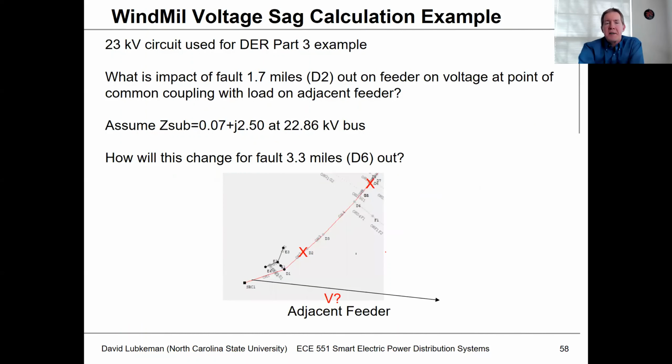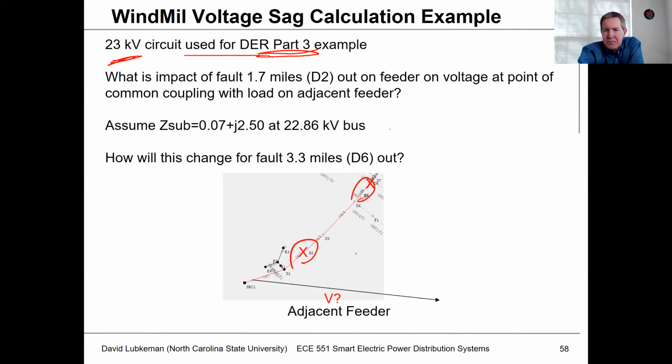So what I did in this is I took the same circuit that I showed you guys for the DER part 3. This was a 23 kV circuit. And I looked at a couple locations for faults at the D2 node and also at the D6 node. This backbone is a 477 conductor.